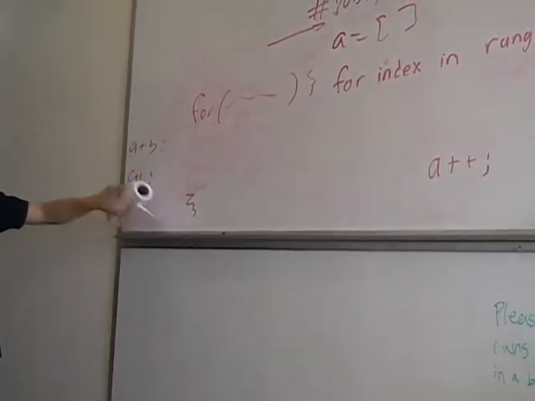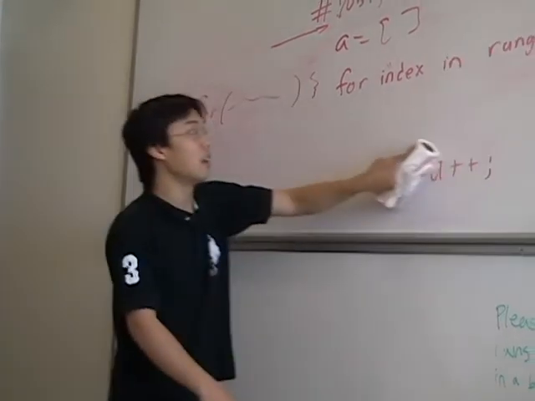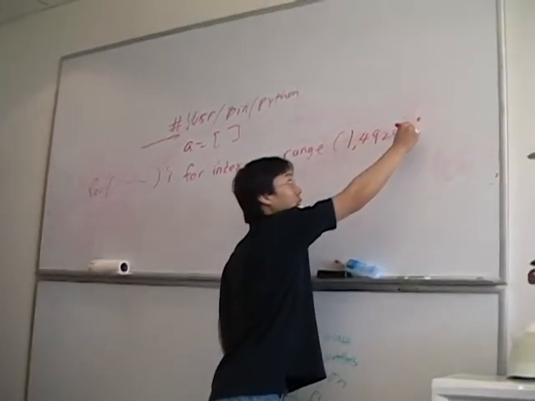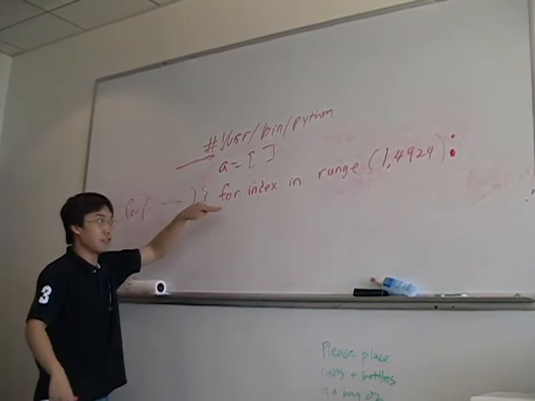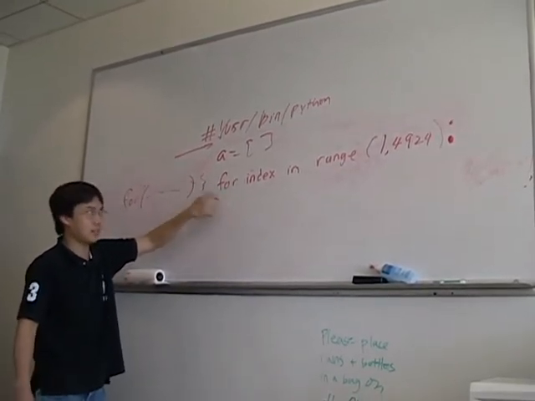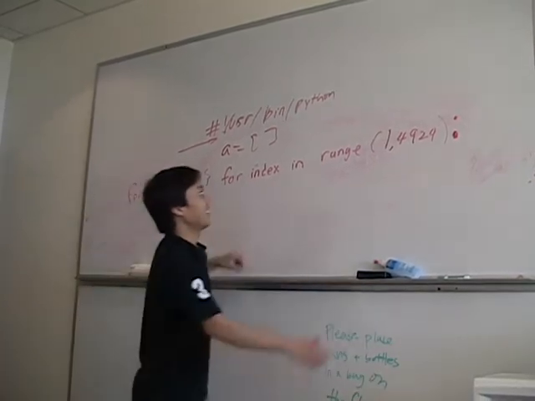Now in Python, it's more severe, and I'll show you why. Whenever you see a statement that ends with a colon, in Python, the statements that end with a colon are usually for loops, while loops, classes, functions. Yeah, that's it.